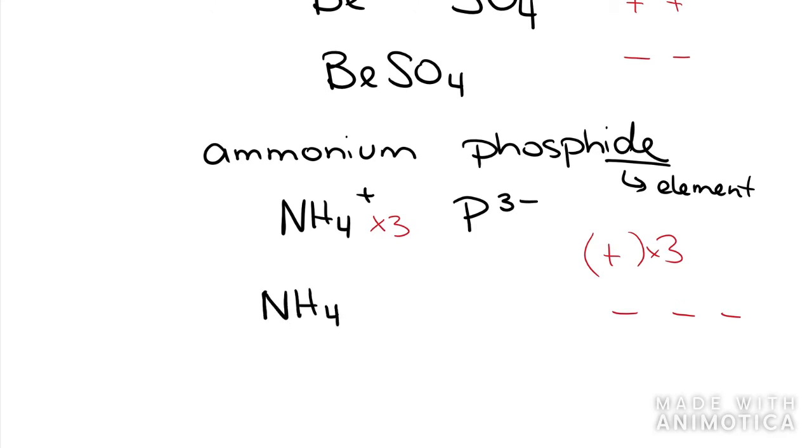We can't do anything about it. But I can't just throw a 3 down there because now it looks like I have 43 hydrogens. That doesn't work. So what we do is when we need more than one of that polyatomic, we use brackets. And then I just need one of my phosphoruses. So it would be NH4 and brackets 3 with our phosphorus.